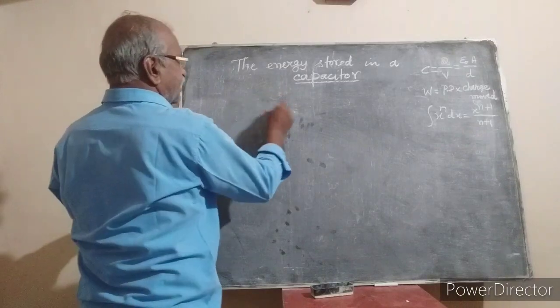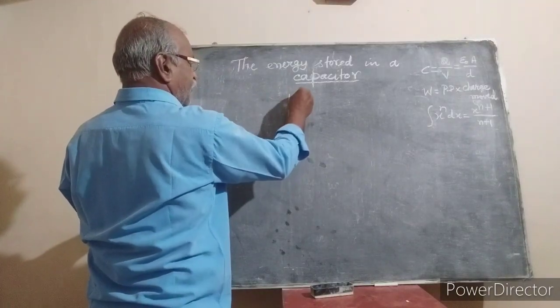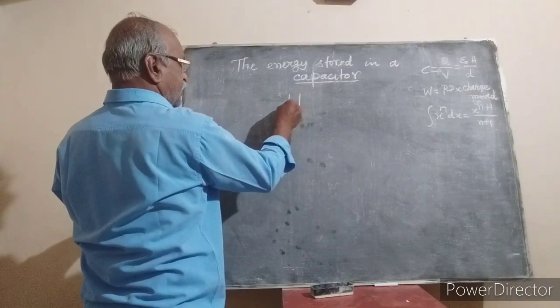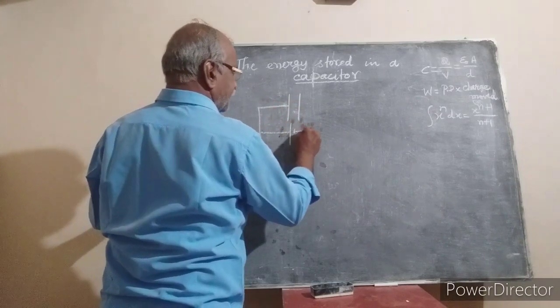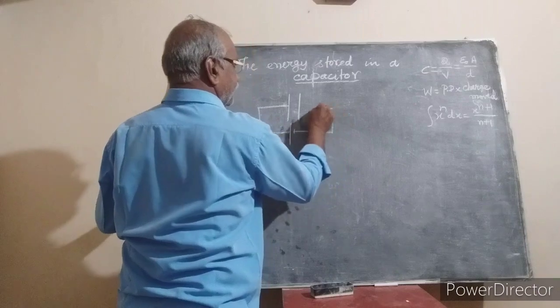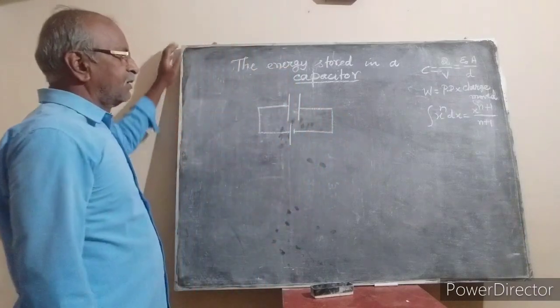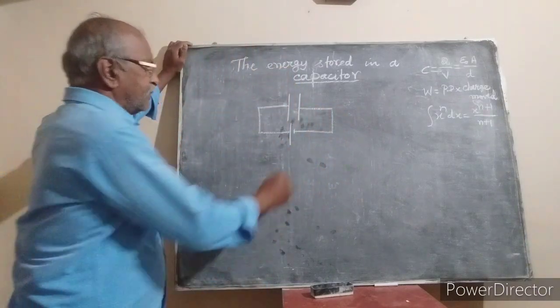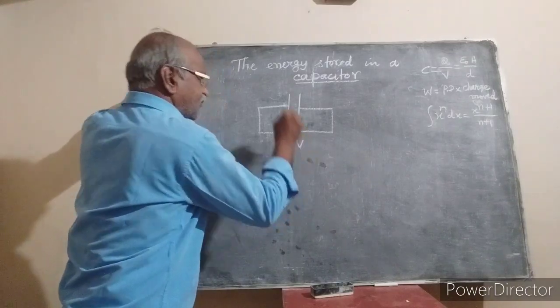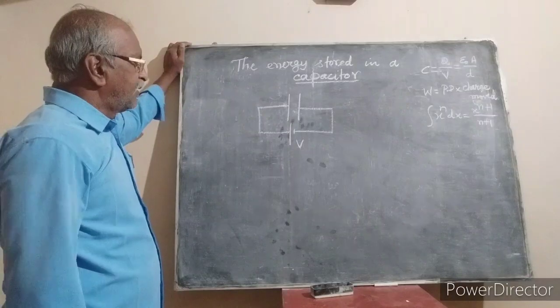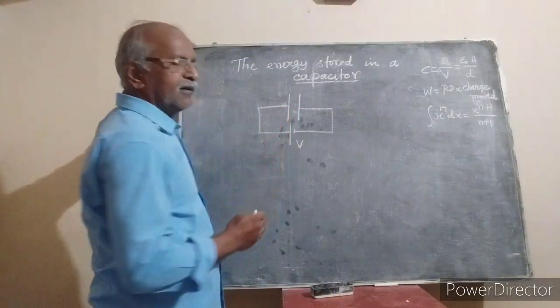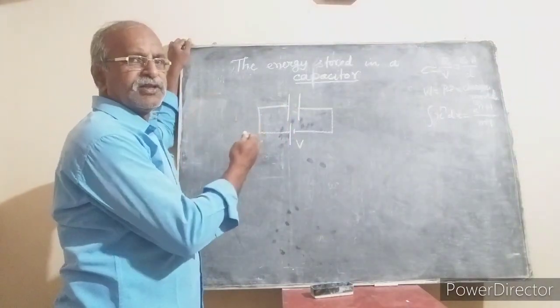Consider a capacitor which is connected to the terminals of a battery. Potential difference developed by the battery is V. When you connect a battery to the capacitor, we are not giving charge to the capacitor.